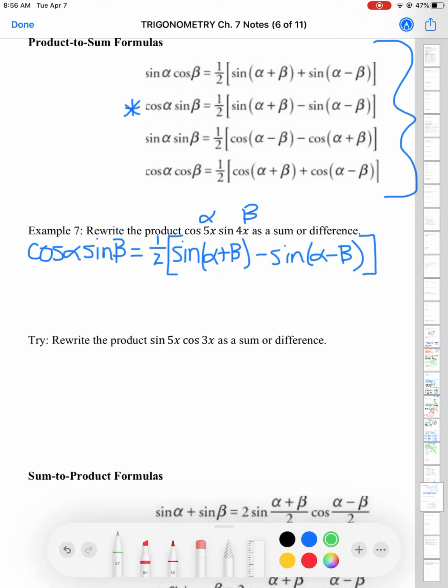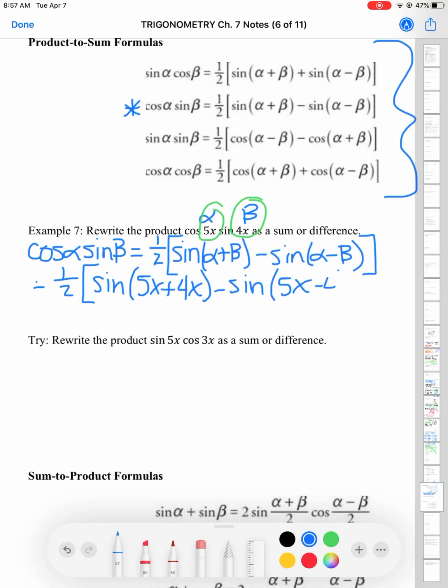So we've identified our alpha, we've identified our beta, so let's just plug in to our formula. So we have 1/2 times sine of 5x plus 4x minus sine of 5x minus 4x. And then let's just distribute this 1/2.